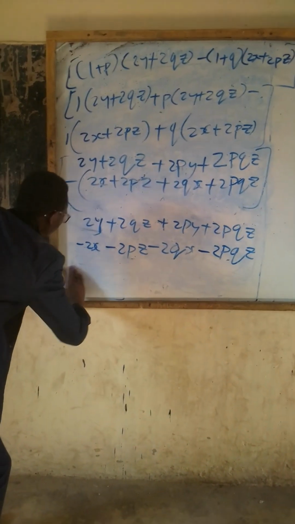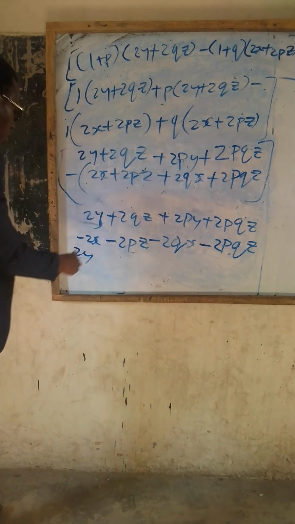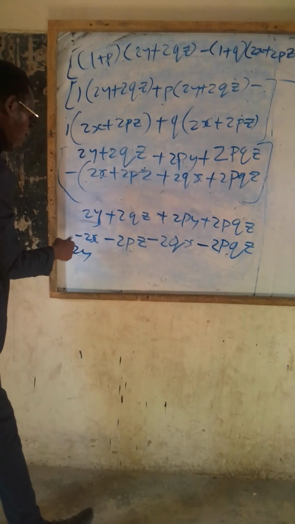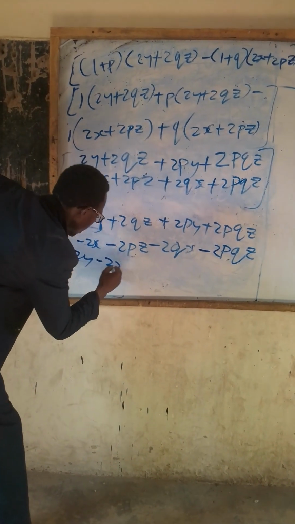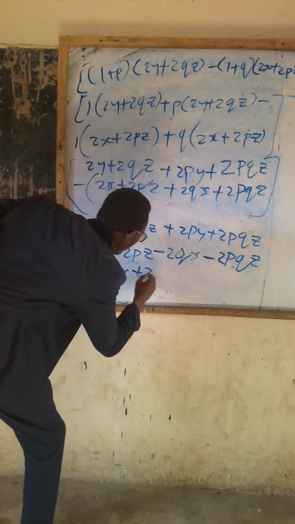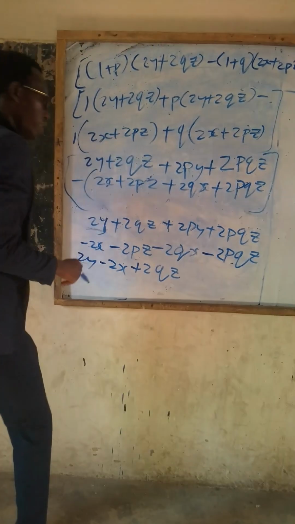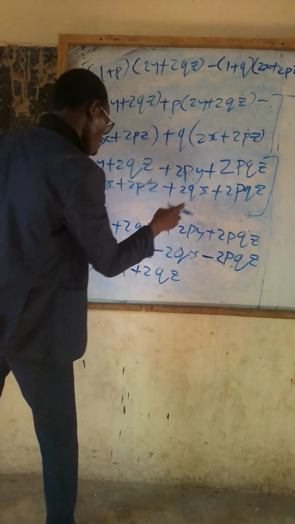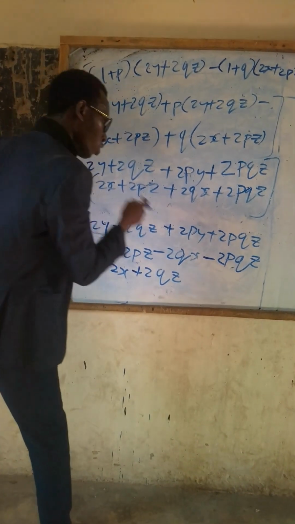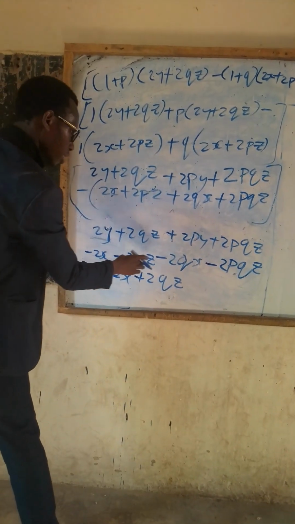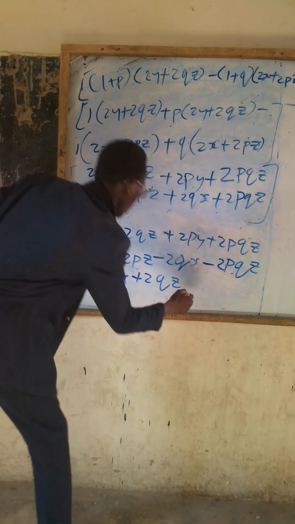Okay, first of all, let's bring 2y. We have 2y now. Okay, then another 2y. Let's bring minus 2x one side to join this. So what do we have next? We have plus 2qz. Okay, let's find another q. We have another q here, but let's leave it first.